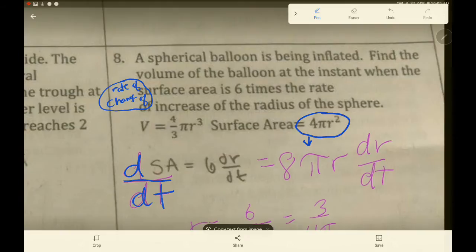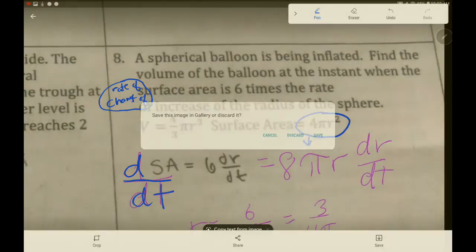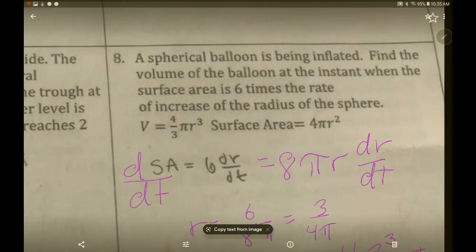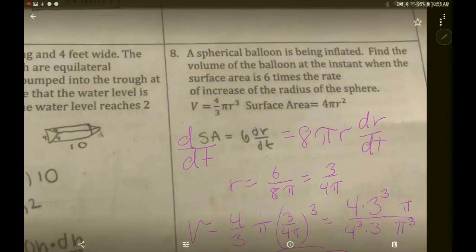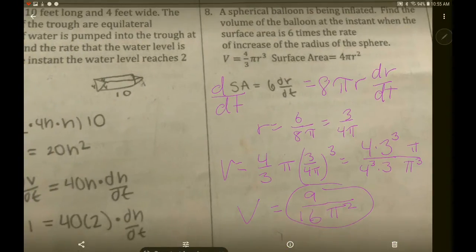So let me go back to a bigger view of this. Okay, so we have 6 dr/dt equals 8 pi r dr/dt. So 8 pi r equals 6. R equals 6 over 8 pi, which is 3 over 4 pi.